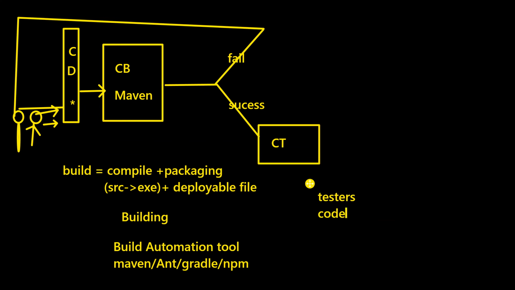They write test cases, which is also coding, to test the code written by developers. So automation test engineers will write test cases, and here those test cases will be executed. That's all, this is about executing those test cases, again in the pipeline. Build successful means the next stage: execute the test cases.